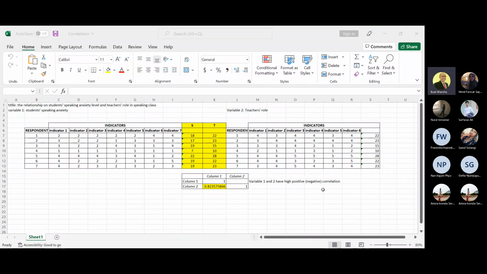I think it's only a move from the Excel file to PPT, and completing the explanation of the case study and the indicators for each variable. Okay, Nurul, do you understand? Yes, sir.